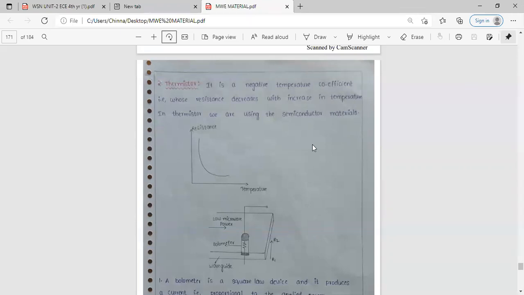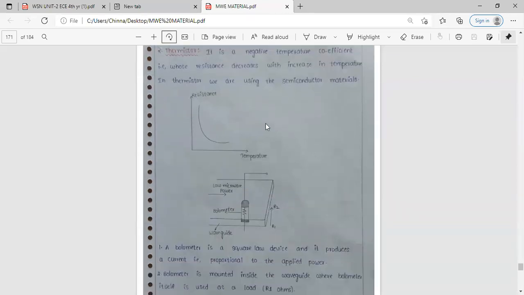In the thermistor we are using semiconductor materials. So we consider a negative temperature coefficient, whose resistance decreases with increase in temperature, quite opposite to the barretter. Here you can see the graph between temperature and resistance. If the temperature increases, the resistance value will decrease.